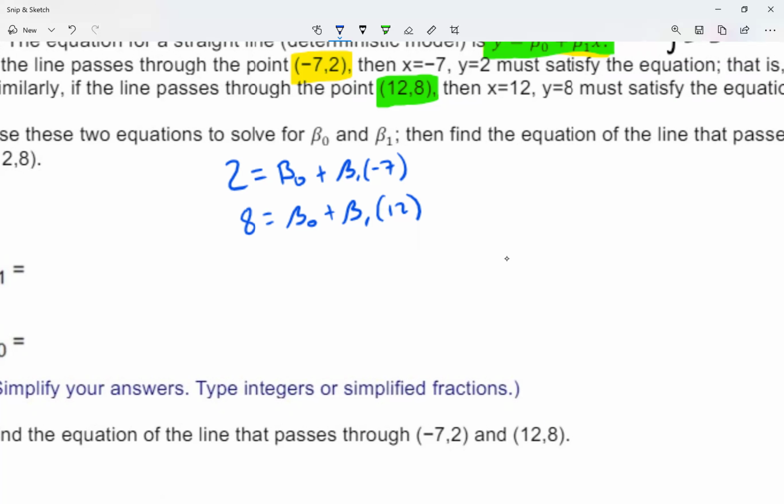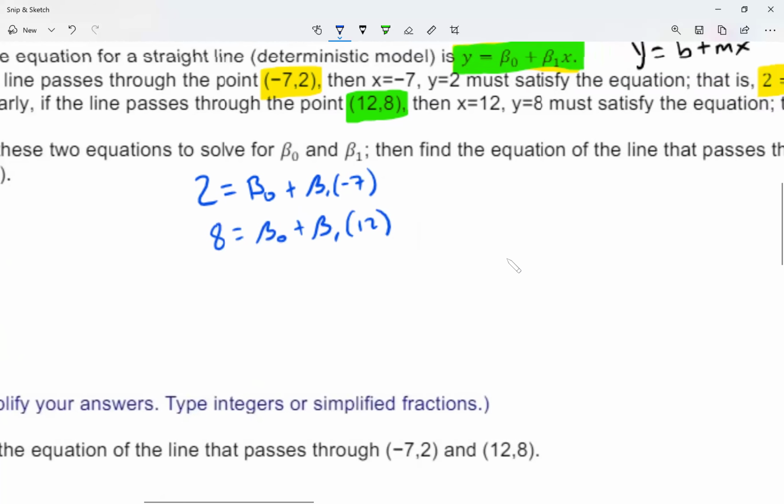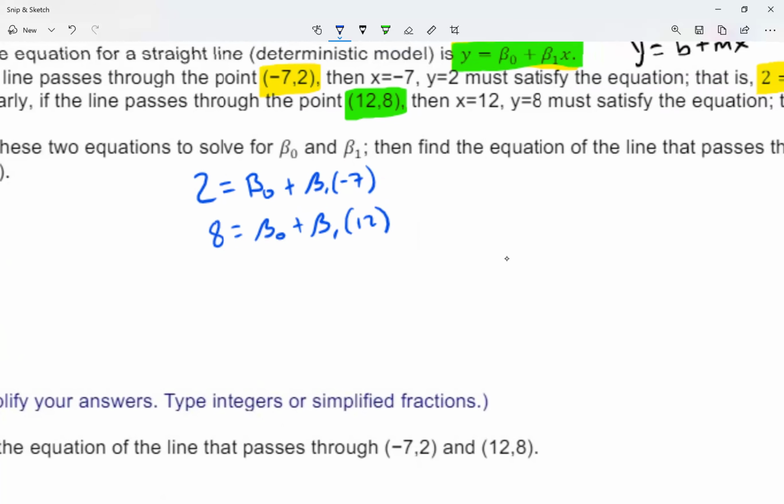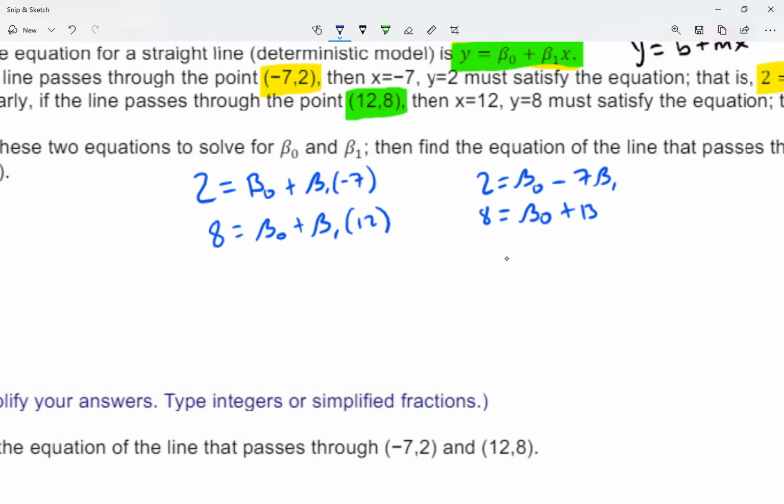For elimination, to begin with, let me get rid of the parentheses here. So I have that 2 is equal to beta 0 minus 7 beta 1, right? And then I have that 8 is equal to beta 0 plus 12. Oops, it's a 12, not a 13.